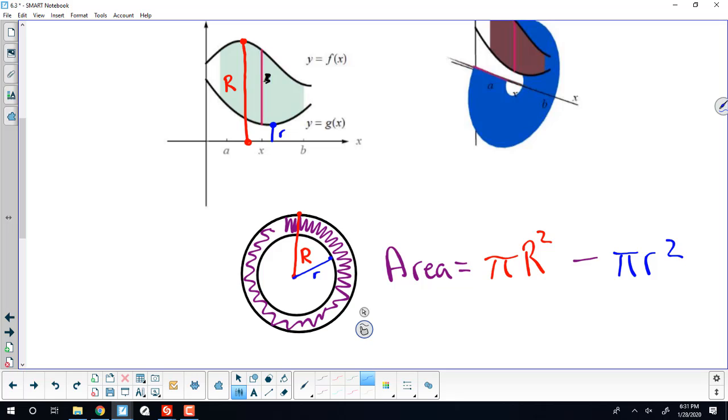Just keep this in mind: it's not pi times R minus pi times r quantity squared. It's both of those individually squared.